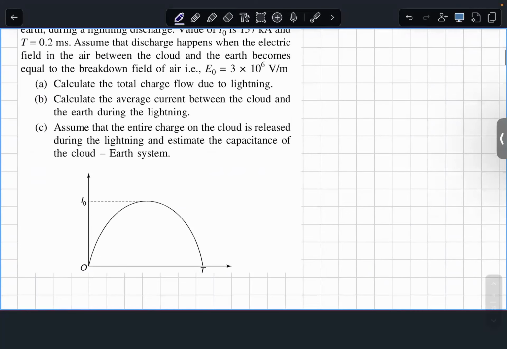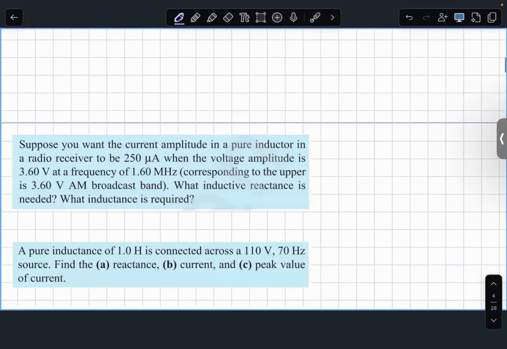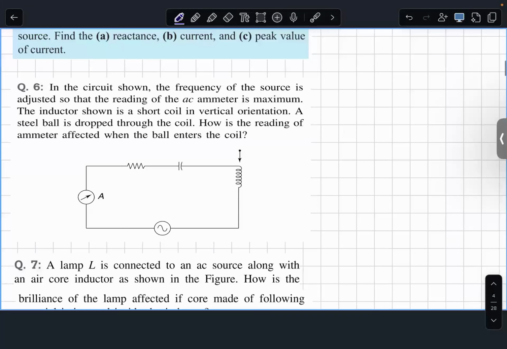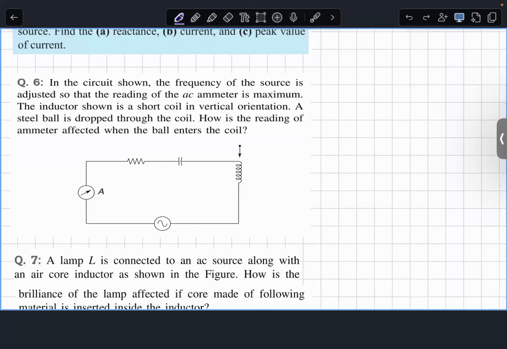We will take these small questions aside and look at some bigger questions. Right, 6th question. What exactly does this term mean here? In the circuit shown, the frequency of the source is adjusted so that the reading of the AC ammeter is maximum.